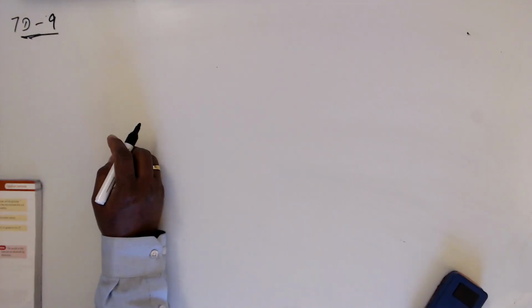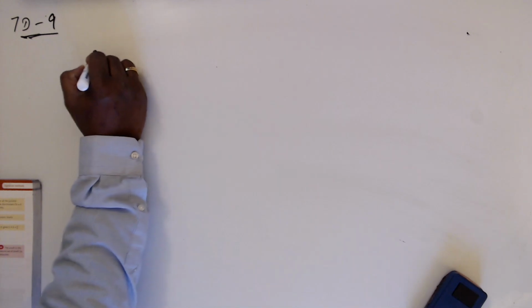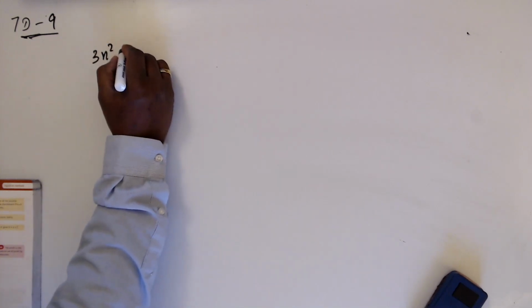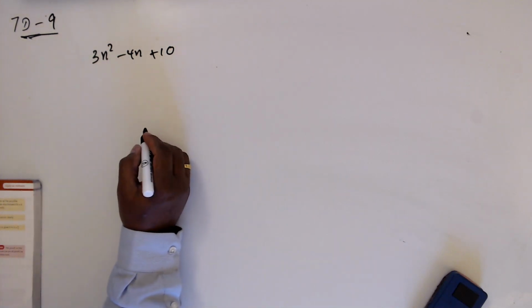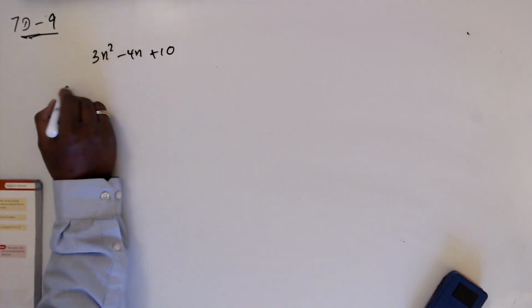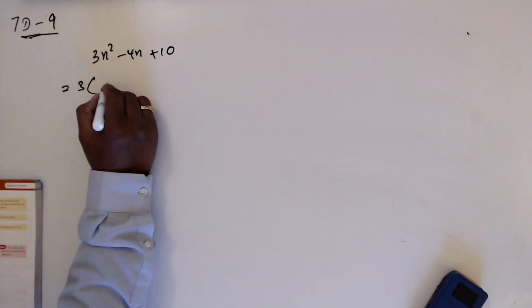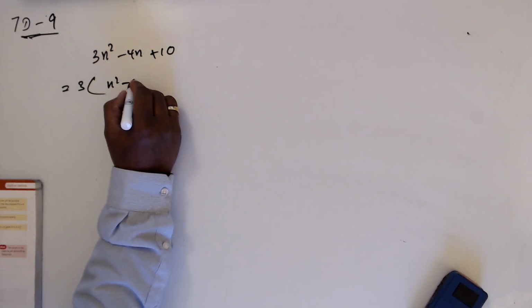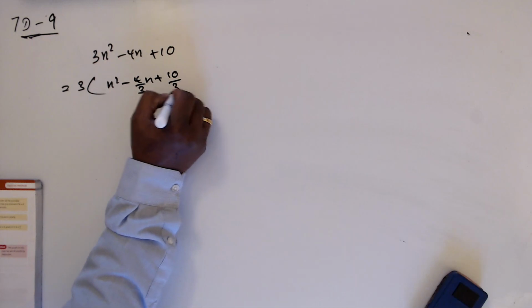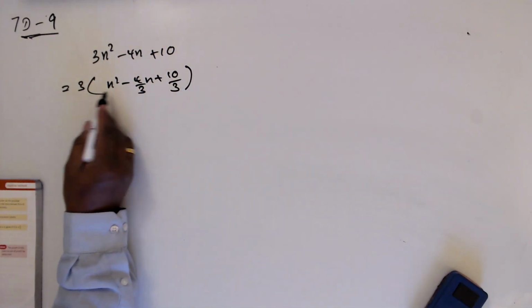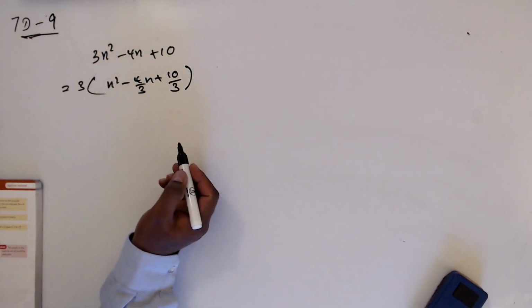I want to show that this is positive for 3n squared minus 4n plus 10. So I will take 3 out: n squared minus 4 over 3 n plus 10 over 3. So when you multiply, you can get this answer.